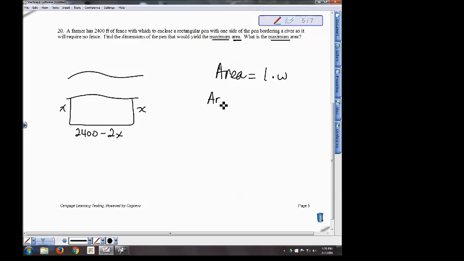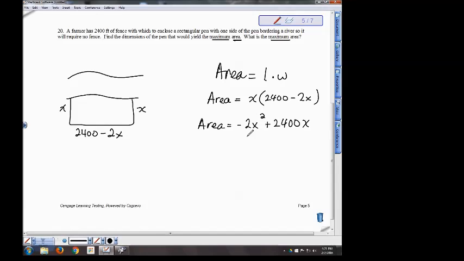Instead of length and width, we can describe the area in terms of x. And we can turn it into a function. And this is a function because it only has one variable, and it would pass a vertical line test.